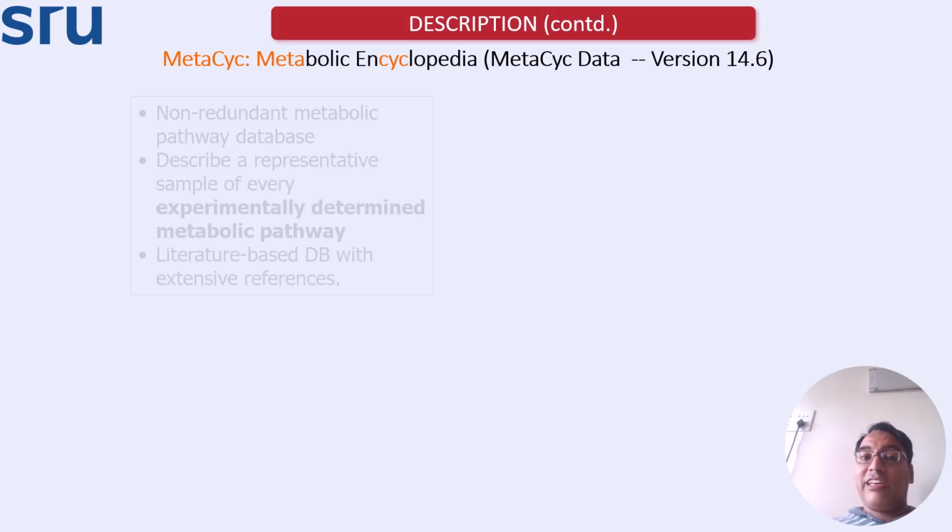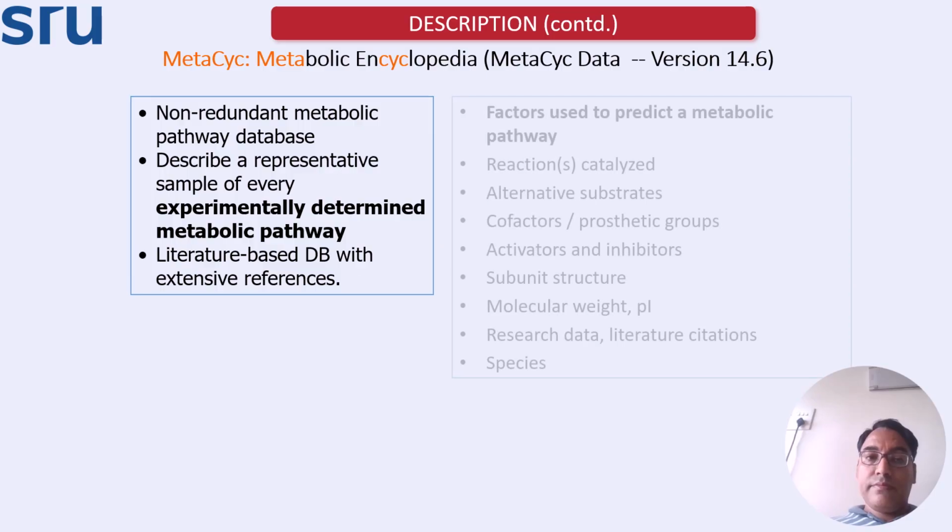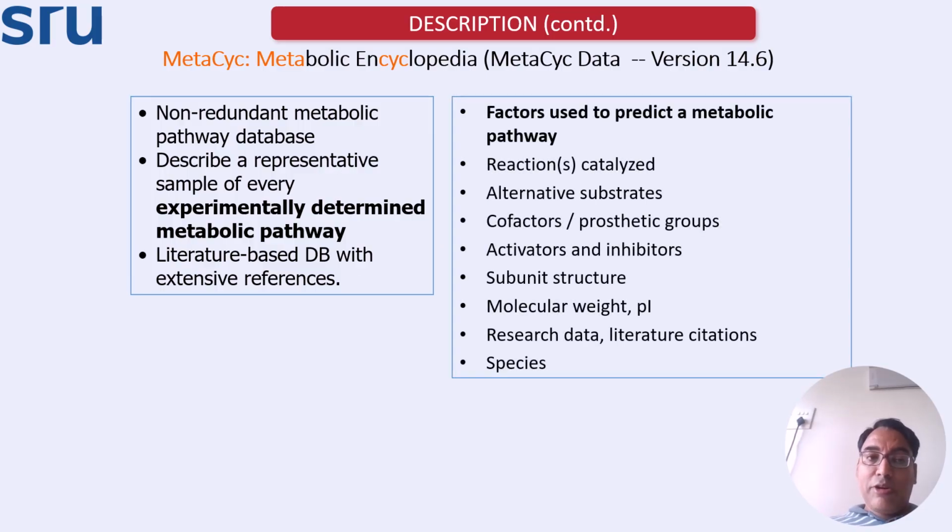This is the MetaCyc database. See, non-redundant metabolic pathway database. See? It includes the experimentally determined metabolic pathways. See, all reactions, alternative substrates, cofactors, prosthetic groups, activators and inhibitors, like subunit structure, molecular weight, PI research data, literature citations, species.